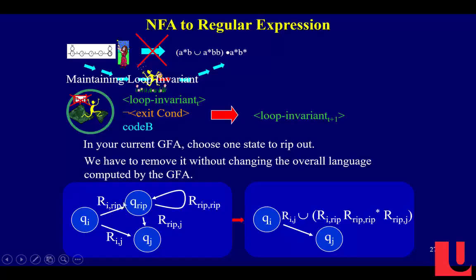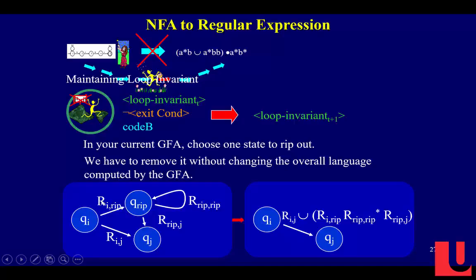Anyway, it looks like an NFA, except the edges aren't necessarily single letters. They can be whole regular expressions. And what are these little letters down here? I gave various names to it. I call these states QI, QJ, and QRIP, because that's the one I'm going to rip out.